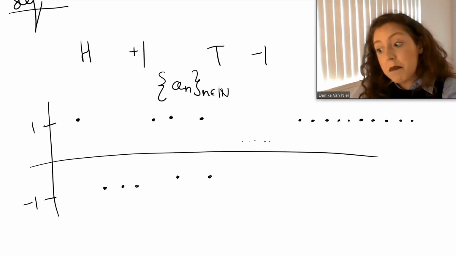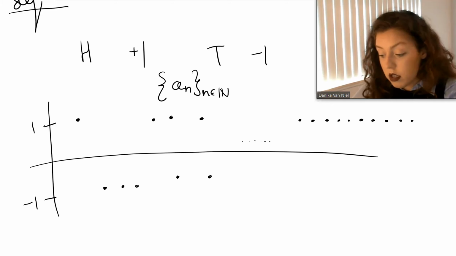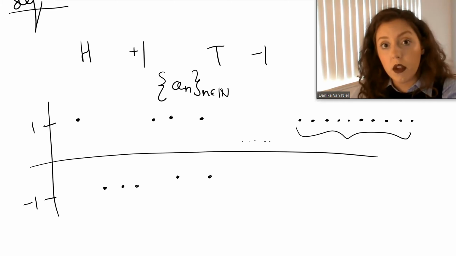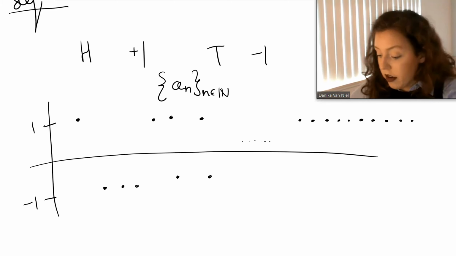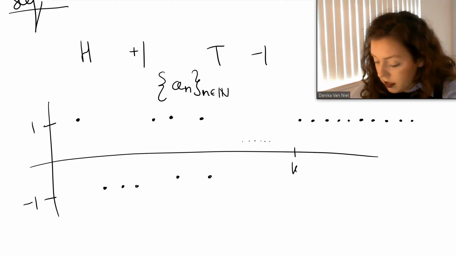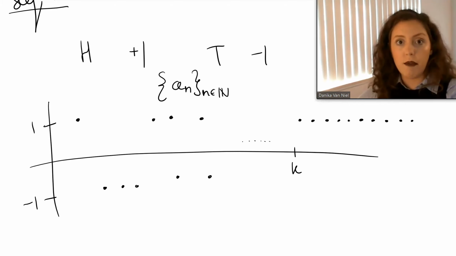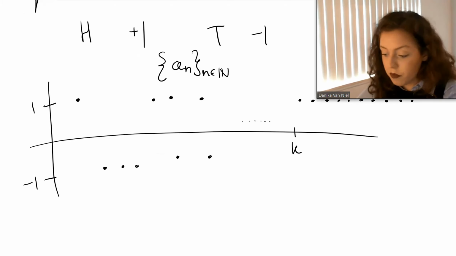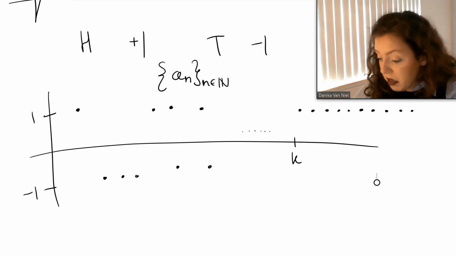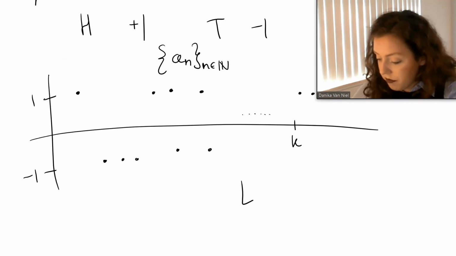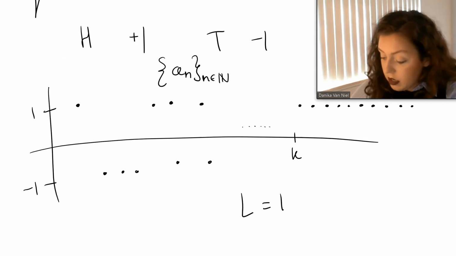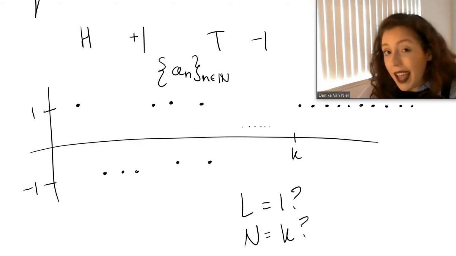Well, you might be itchy to say that this sequence does converge, because our limit would be 1, and maybe our natural number n is the kth time it flips or something. So we might say, okay, maybe the limit equals 1, and then our capital N from our definition before would equal K.